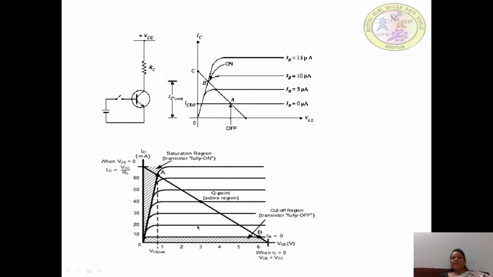So when the transistor works as a switch, it has to operate either at saturation point or at cutoff point. When a transistor is operated as an amplifier, it has to operate within these 2 points A, B. It should enter neither saturation nor cutoff region.